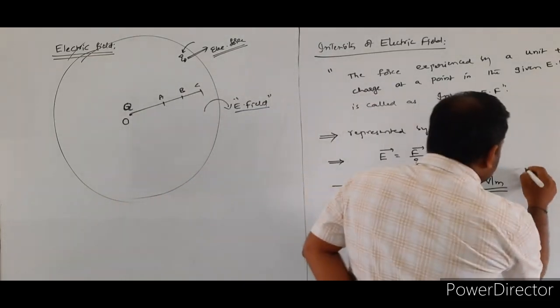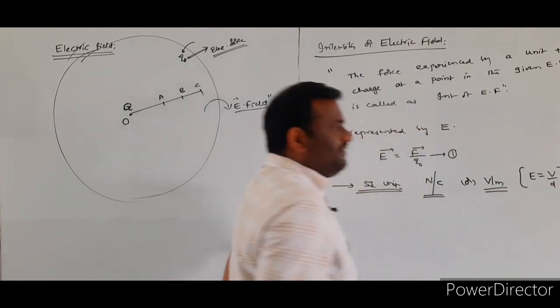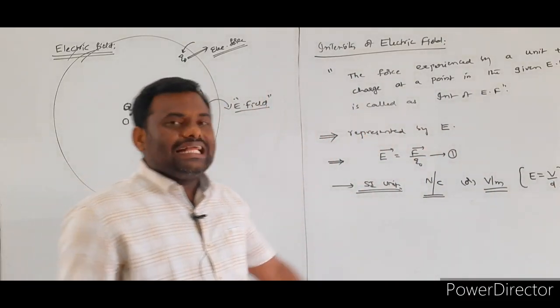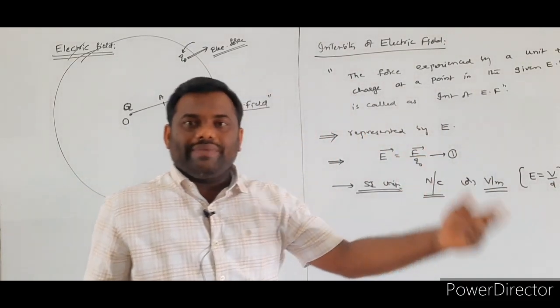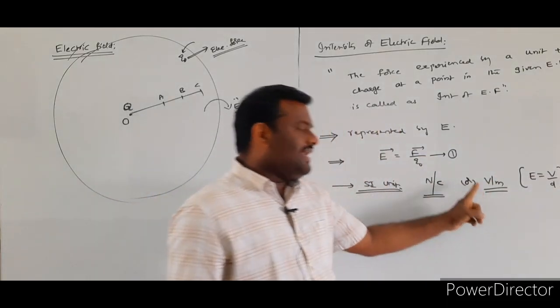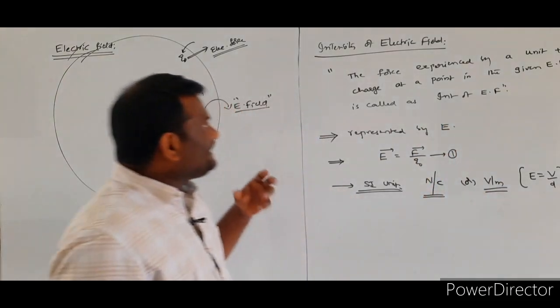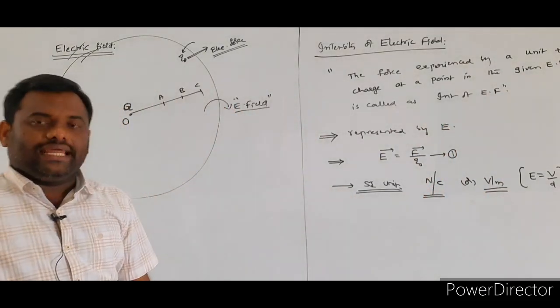One more formula for the electric field intensity is E is equal to V by D, where V is the potential difference and D is the distance. That will come in the next topic. According to E is equal to V by D, we write either volt per meter or Newton per Coulomb. So this is the definition of the intensity of the electric field.